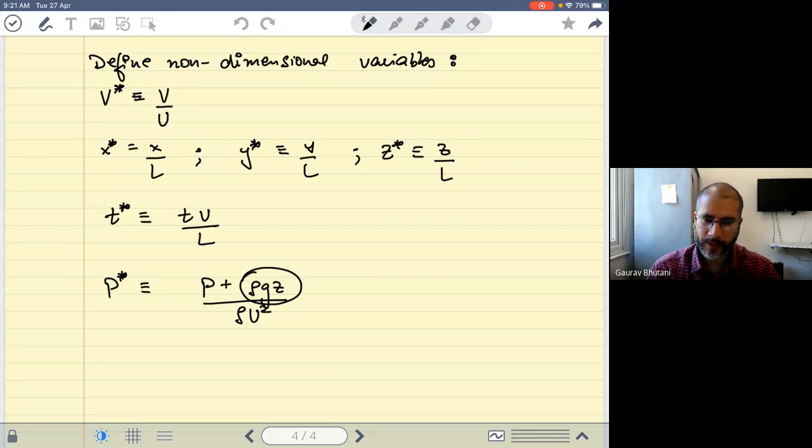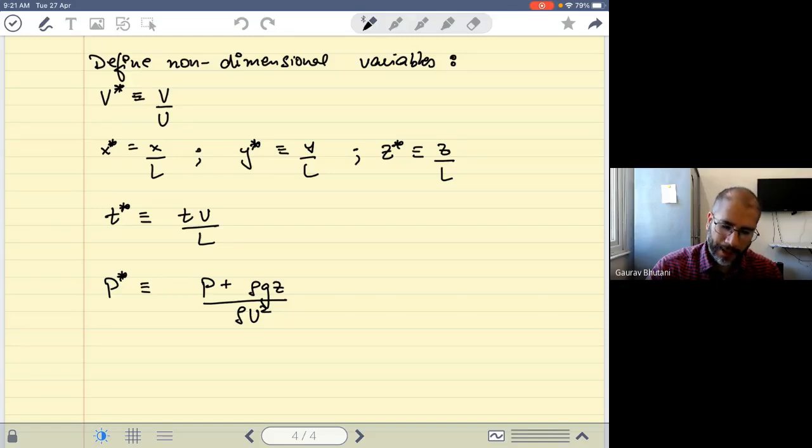But rho gz is something that we add, and this is just done to get rid of the gravity term in the Navier-Stokes equation. We're not going into detail of how we get this, but this is done for convenience. For now, just accept the fact that we add a rho gz, but later in the course you'll start understanding why we did this.